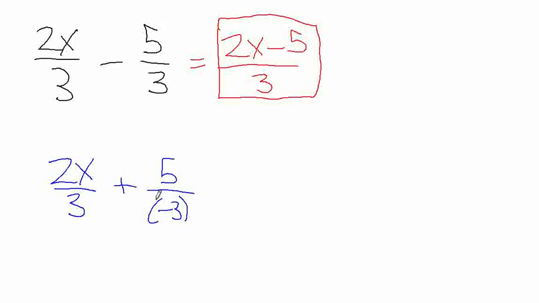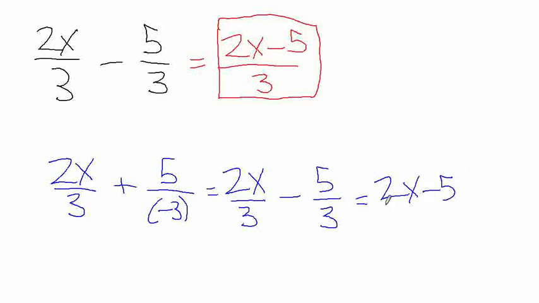The second piece only has numbers, so I guess we should call it a fraction. However, we know that we can easily replace the second term with a version that has a 3 in the denominator. And so then we can go ahead and do this procedure and get the same answer.